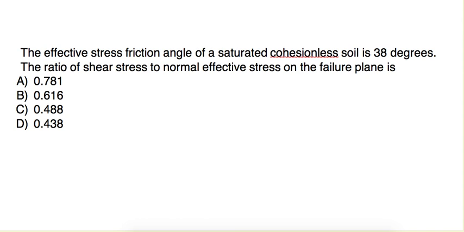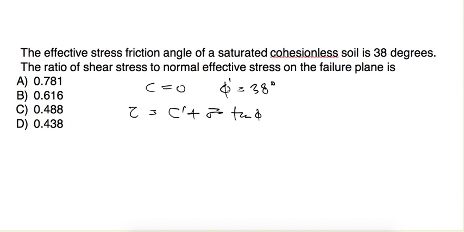After that, next question is, the effective stress friction angle of a saturated cohesionless soil is 38 degrees. So it is a cohesionless soil, it means C is equal to 0 and phi dash is equal to 38 degrees. The ratio of shear stress to normal effective stress. So we know that shear strength of the soil is given as C plus sigma tan phi.